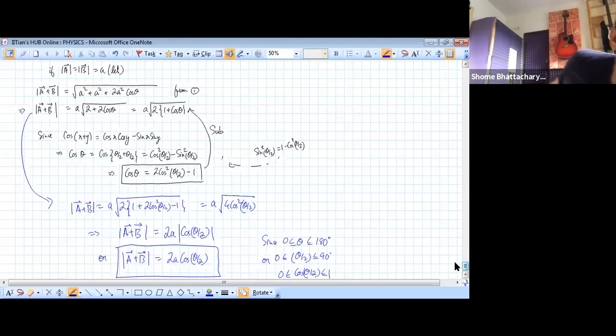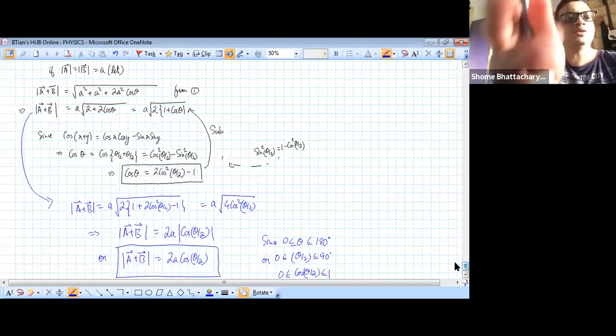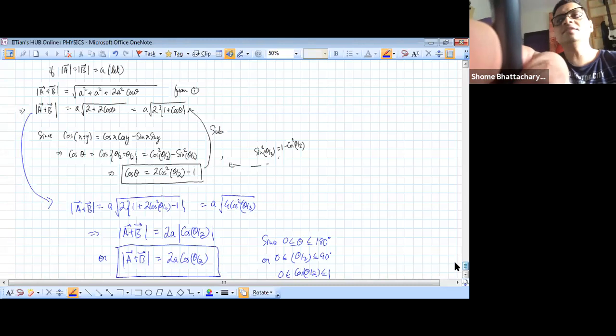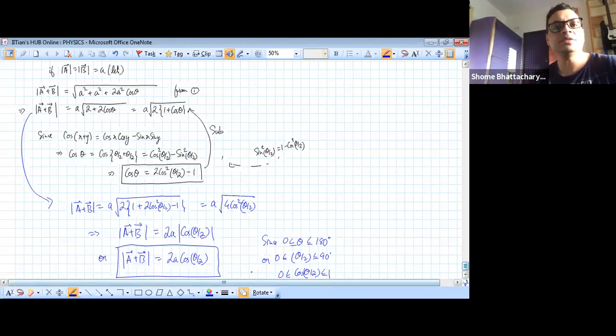Okay, yes, Mitch. So hope this point is clear. Okay, this is a special theorem for a special case. So when the magnitude of the vectors A and B is equal, then you can apply this. If they are not equal, then they can be anything arbitrary. So it will not be any special case then.